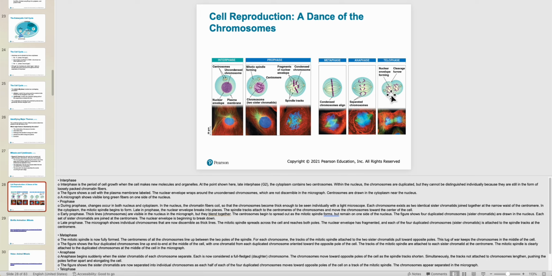One on the left for one cell, one on the right for another cell, and notice the nucleus is now reforming. See how over here on the left under prophase, the nucleus went bye-bye. There's no more nucleus. Then in telophase, the nucleus came back. So the nuclear envelope came back.